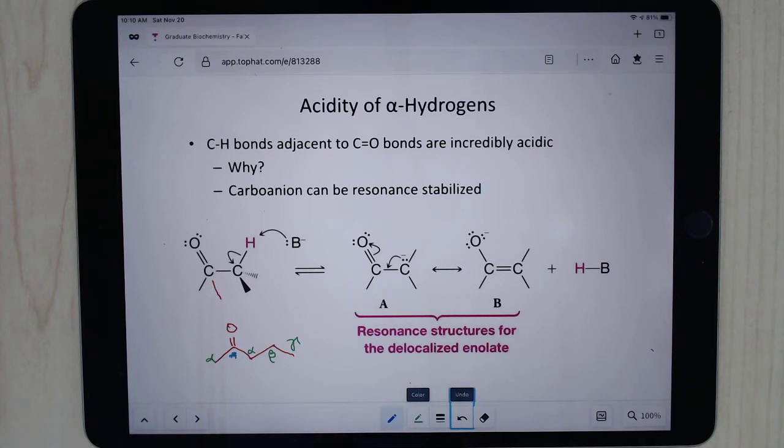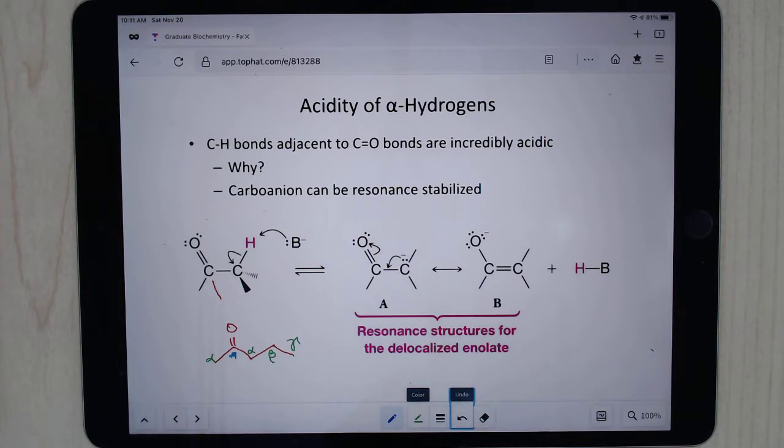Okay, and when you get to biochemistry, even something as simple as glycolysis, one of the first steps in glycolysis is to move a C double bond O over, and it's a trivial sort of reaction because you're going from one type of ketone to another. Going from an aldehyde to a ketone. But in doing so, what you're doing is you're moving which CH bond becomes acidic.